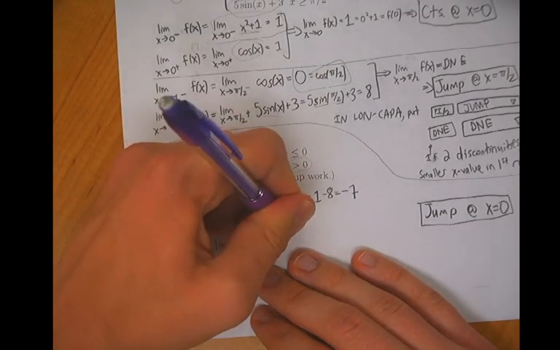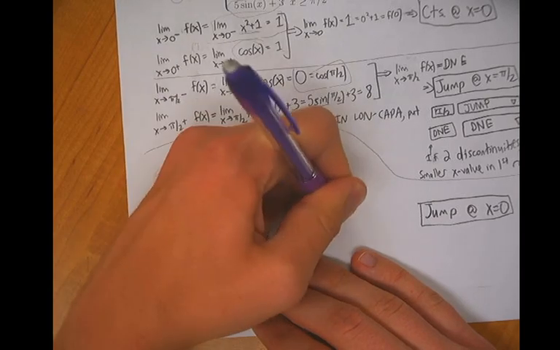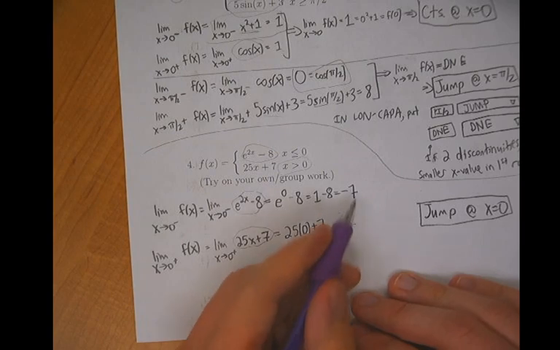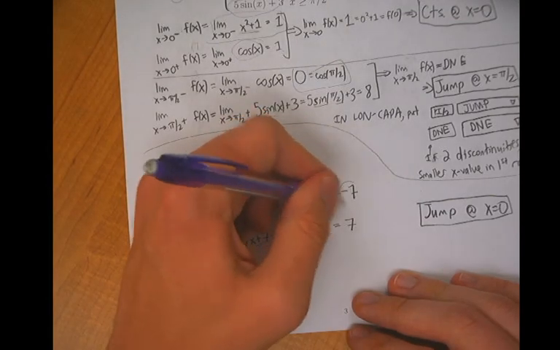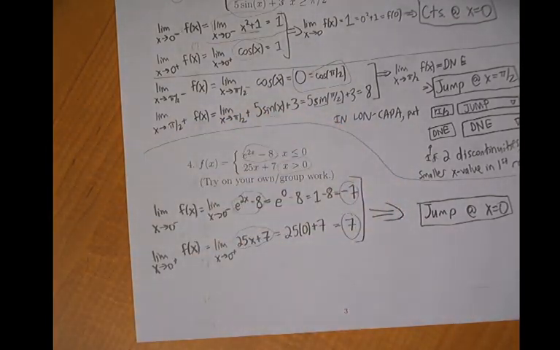So we have 25 times 0, plus 7, and we just end up with 7 here. Since these one-sided limits exist and are finite, but do not equal each other, we end up with a jump at x equals 0. Okay? Cool. Any questions on that?